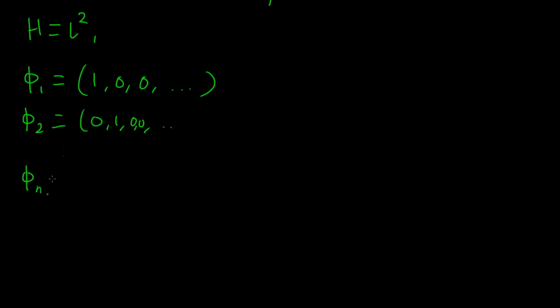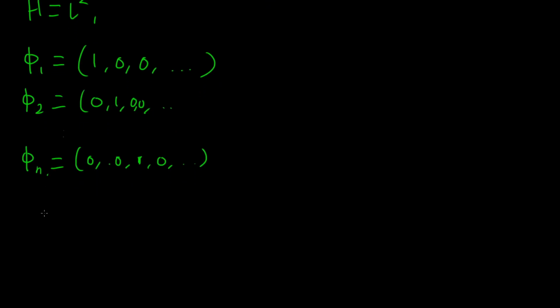So phi_n is just zeros up until the nth place, and then zeros after. This is an orthonormal sequence, because if you take the dot product with itself, you'll just get a 1. If you take a dot product between other things, you'll get 0. And that means that this sequence, because it is an orthonormal sequence, must tend weakly to 0.